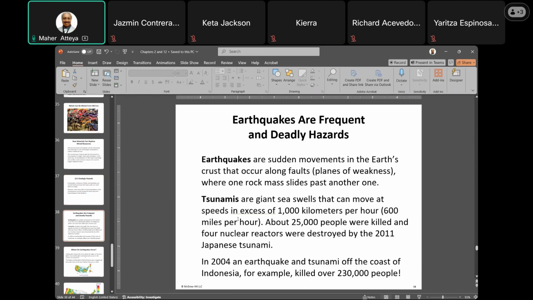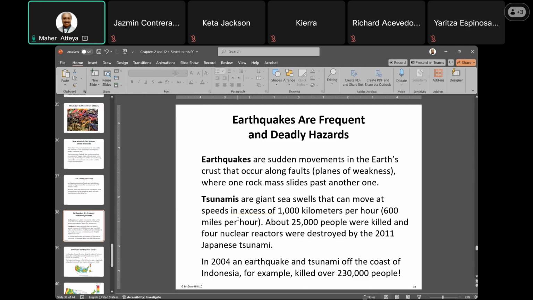Earthquakes come from the sudden movement in the earth's crust that occurs along faults. Faults are weaker planes where one rock mass slides past another. Tsunamis are giant sea swells that can move at speeds in excess of 1,000 kilometers per hour, about 600 miles per hour.